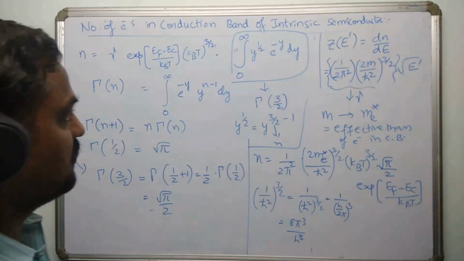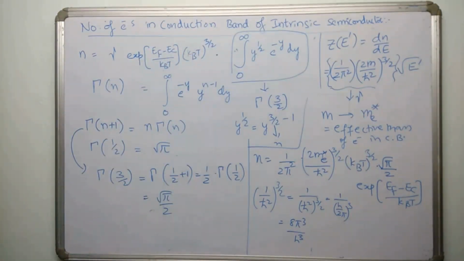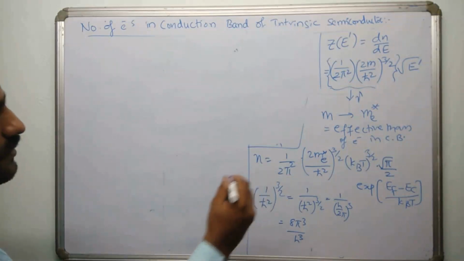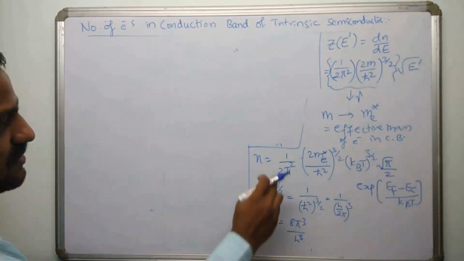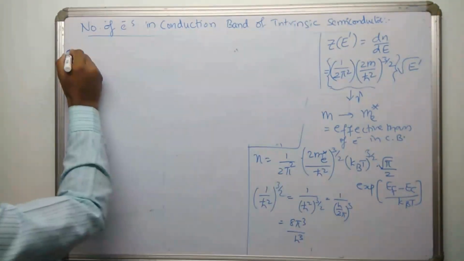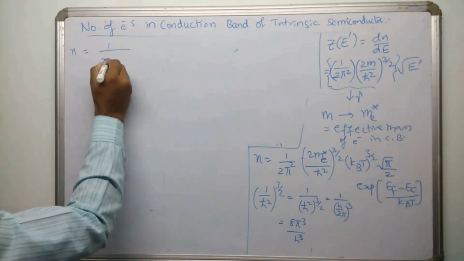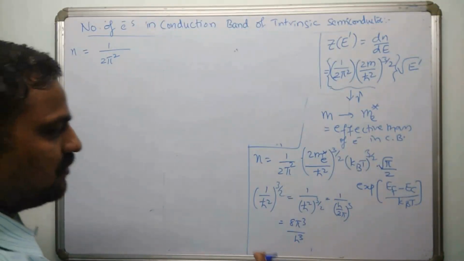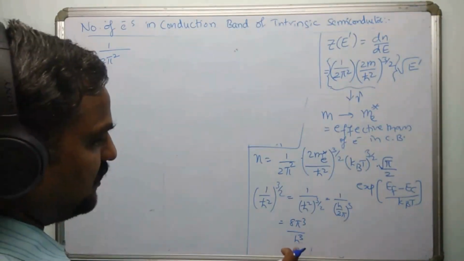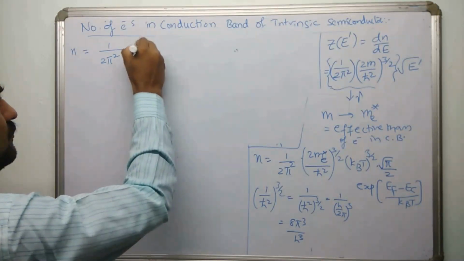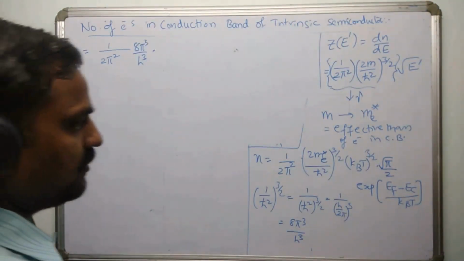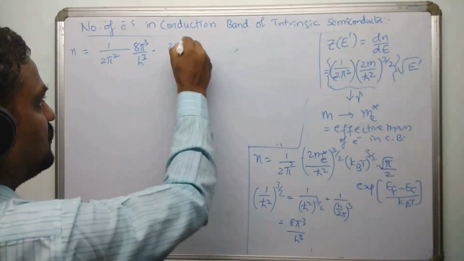So I am going to erase this top portion. This 8 pi cube by h cube, I'll substitute here. One more manipulation: I have a 2 pi square here. So n is going to be 1 by 2 pi square, and this entire term I am taking as 8 pi cube by h cube, into 2 m_e star.